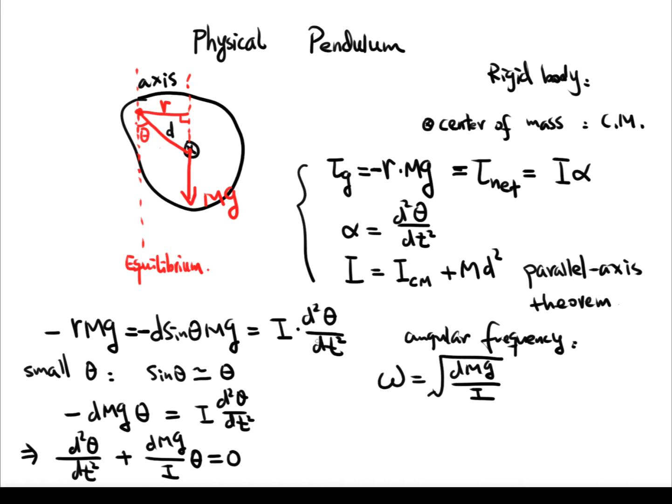Let's think about a specific example. Let's say the rigid body here is a rod, and the rotation axis is at one end of the rod.